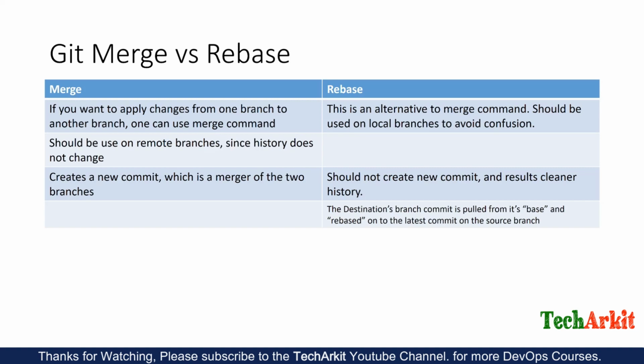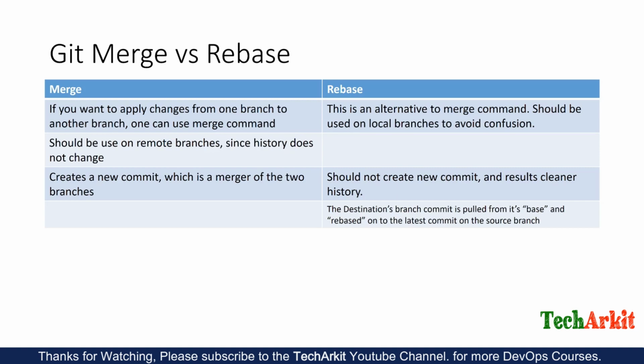So if you do git merge, it basically creates another commit ID that says this is the merged pull request, something like that, right? Rebase should not create any new commit, and results in a cleaner history.